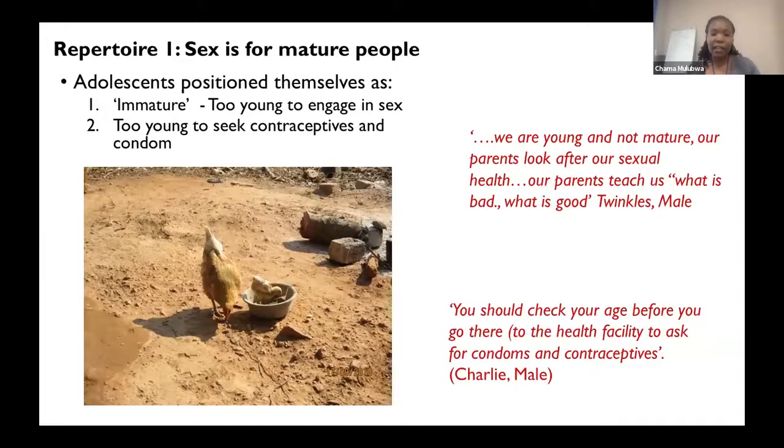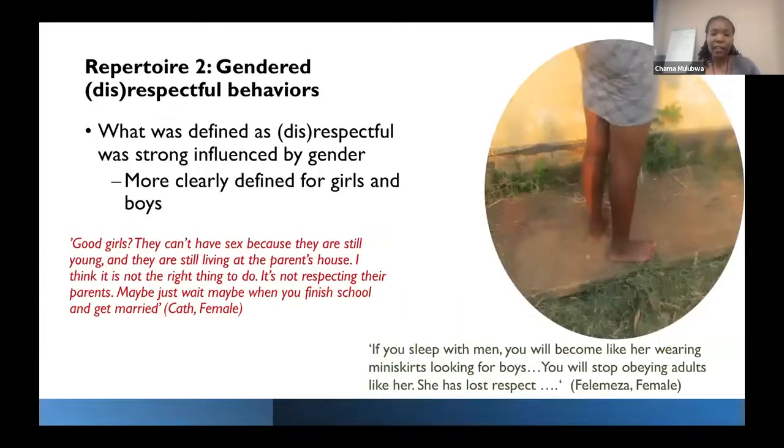Girls who were considered to be sexually active or had been pregnant before were considered as bad girls, and the girls who seemed to be abstaining were considered as good girls. This was very distinct, but that was not distinct among the men. In fact, among men, the discussion about respectful or disrespectful behaviors was mainly centered around them paying attention in school.